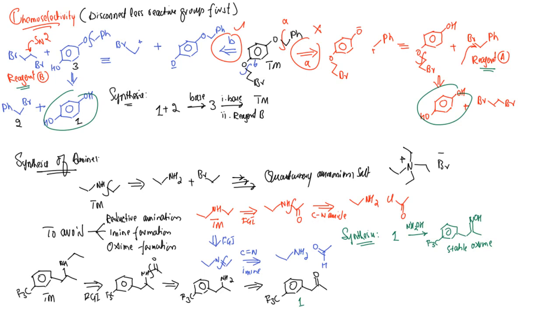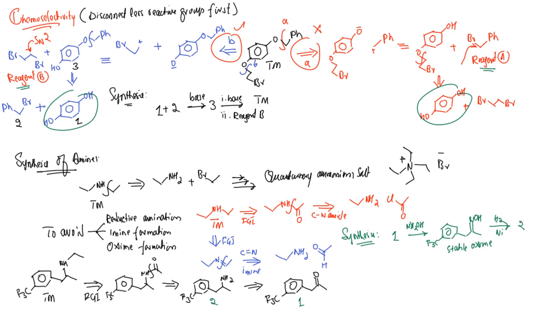This oxime is then subjected to catalytic hydrogenation. Hydrogenation in the presence of a catalyst such as nickel, then I will get product number 2.